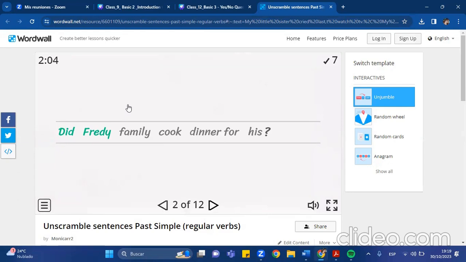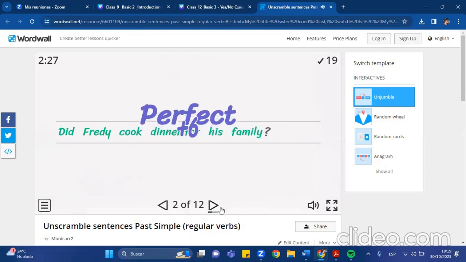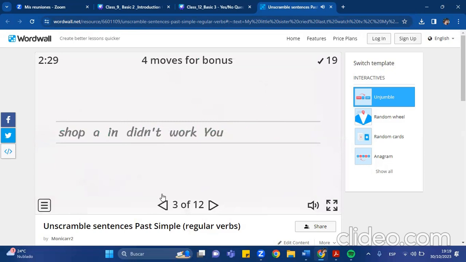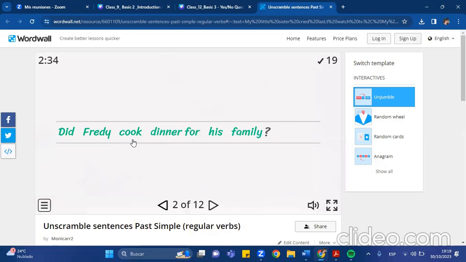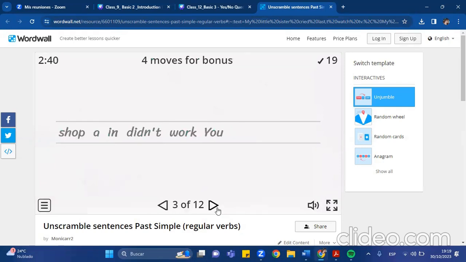But Freddie what? His family. Okay. Did Freddie cook dinner for his family? Yes, remember that we need to have in this case the verb after the subject, cook dinner. All right.